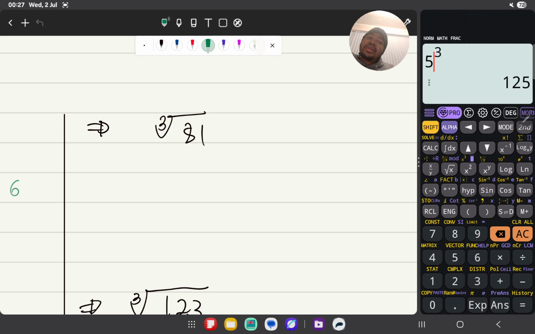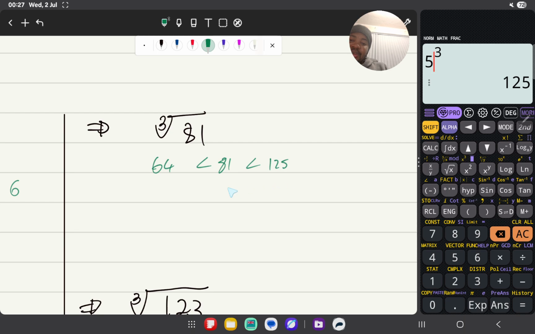So then I have my numbers, 4 and 5. 64 is smaller than 81, which is smaller than 125.